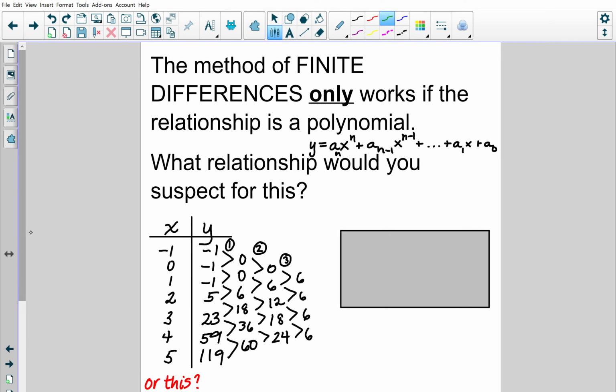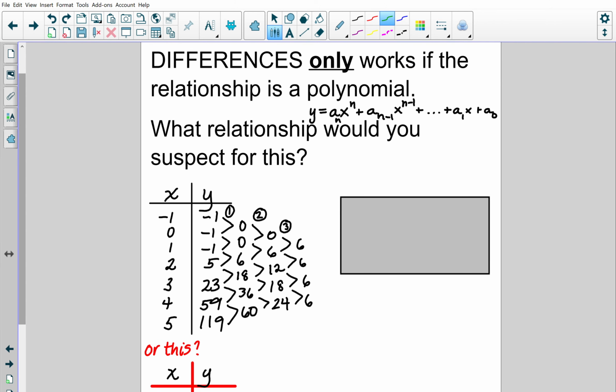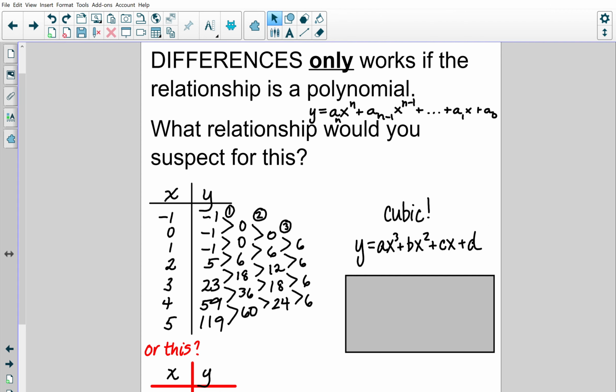So that first one, if you looked at your differences, you would see that it took 3 sets of differences to come down to a constant. So that is actually a cubic polynomial. Okay, I'm not asking you to find it, but it's a cubic polynomial.